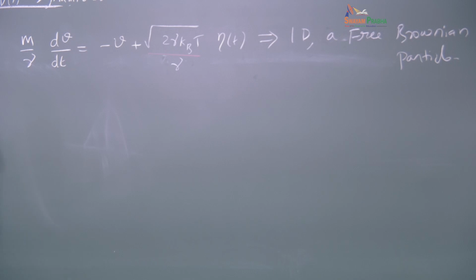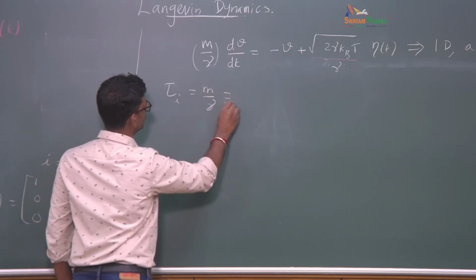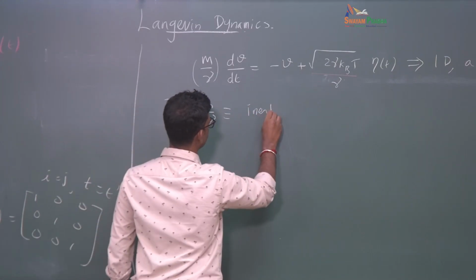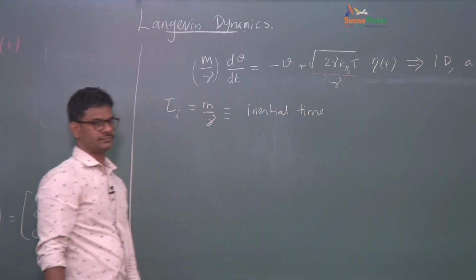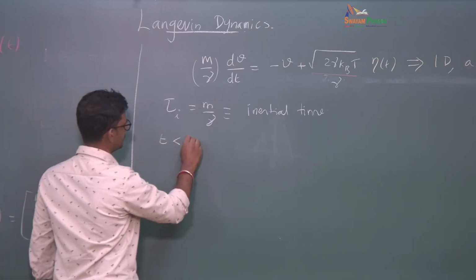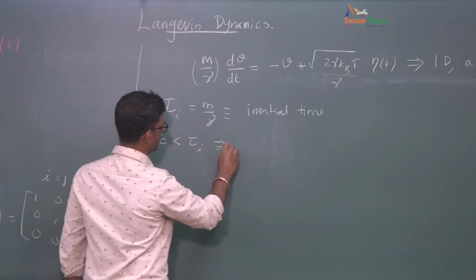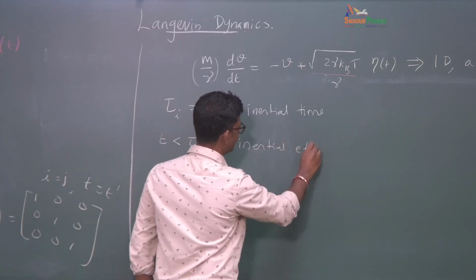Now if you look at this term, it has a unit of time, and this we define as the inertial time, tau I. For time t less than tau I, inertial effects will dominate.